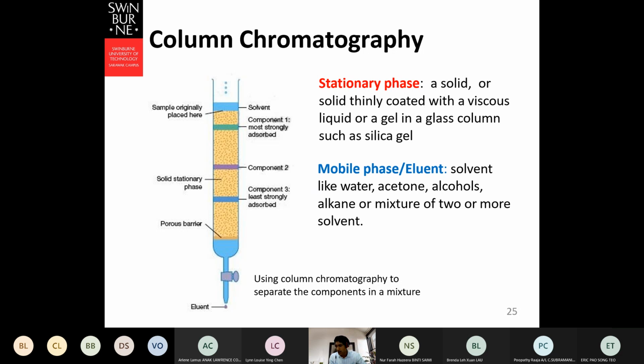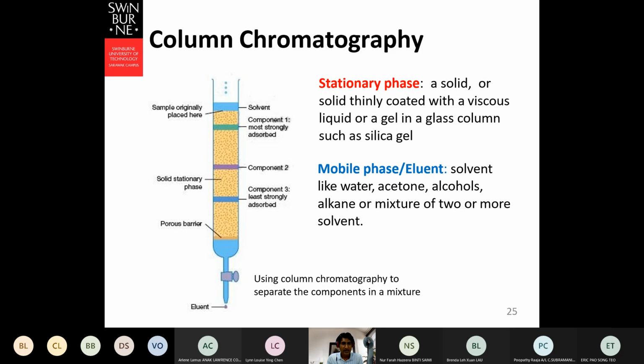Because it is inside a column, just like a burette. In the titration, we put the sodium carbonate or HCl, whatever, in the burette, and then added it drop by drop, right? It is the same type of thing, but for chromatography, the burette is a bit bigger, a bit fatter, or the diameter is bigger.